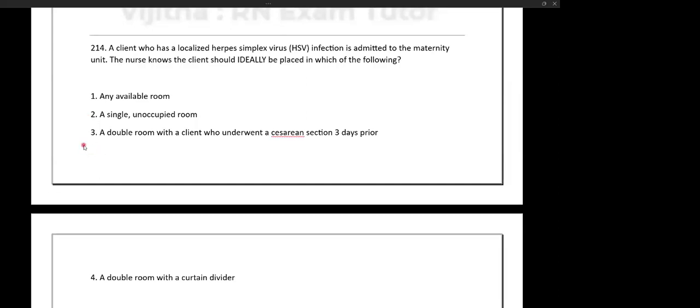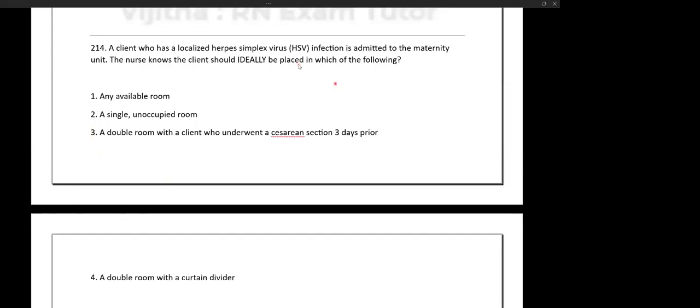Okay. And a double room with a client who underwent cesarean section 3 days prior. So here it is a twin sharing room with a postpartum patient after cesarean delivery. Again, the child will be there, so this is not allowed. And a double room with a curtain divider, so still there may be chances of transmission.